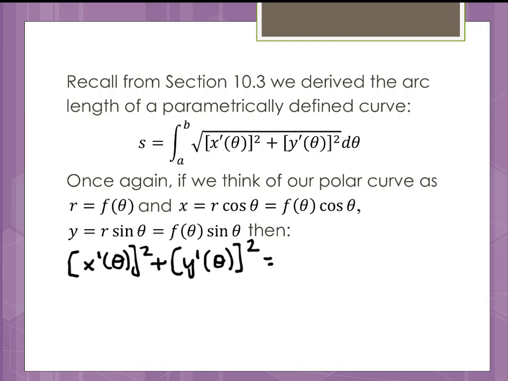So taking a look at how we've defined things, this is now actually equal to f of theta cosine of theta squared plus f of theta sine of theta squared. We're going to square that now.